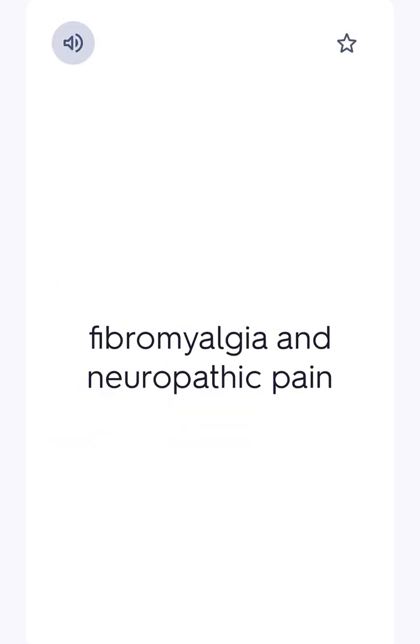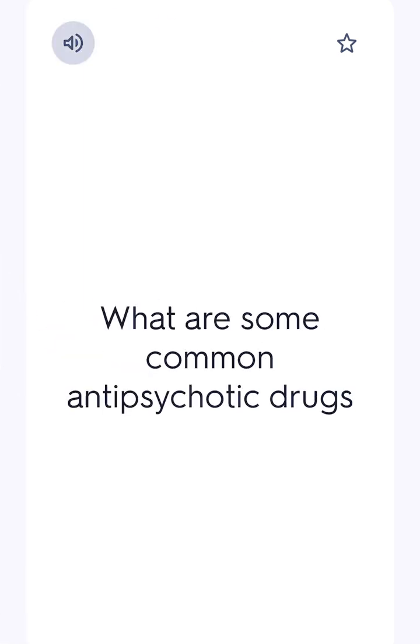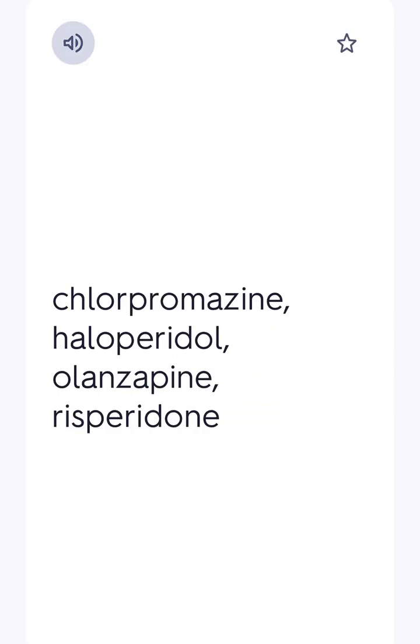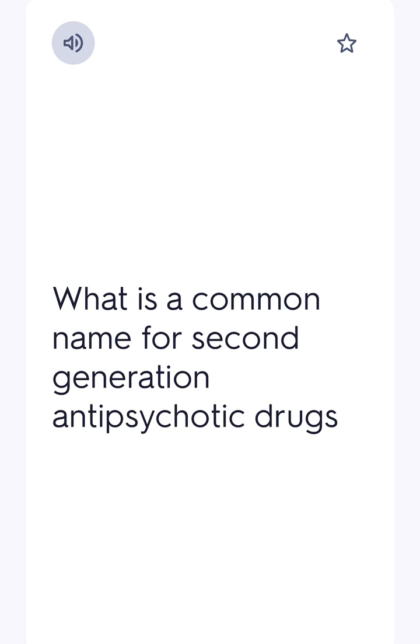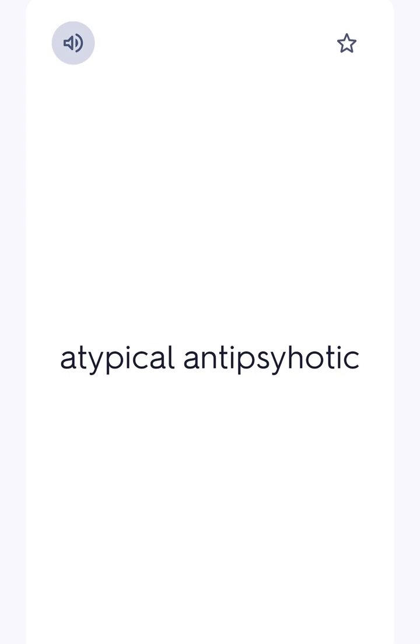Fibromyalgia and neuropathic pain. What are some common antipsychotic drugs? Chlorpromazine, haloperidol, olanzapine, risperidone. What is a common name for second-generation antipsychotic drugs? Atypical antipsychotic.